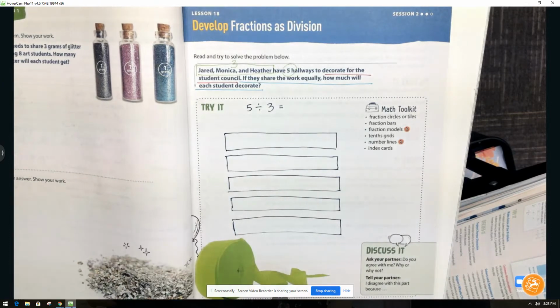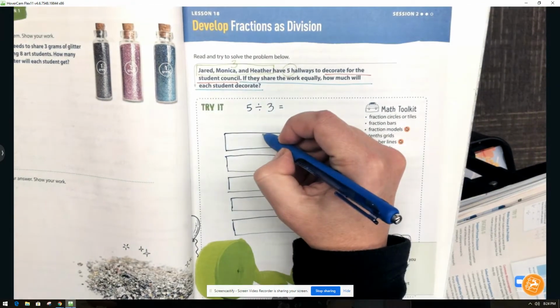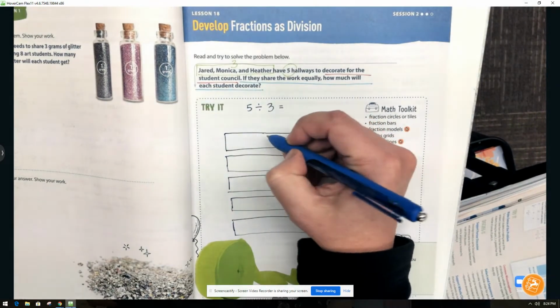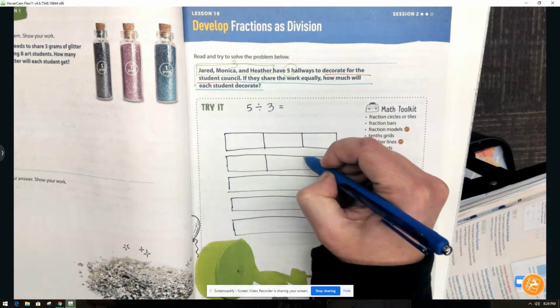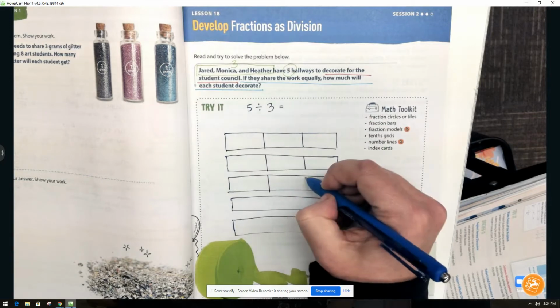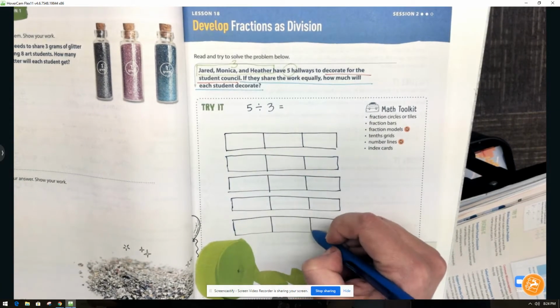Then I'm going to divide each hallway up into 3 parts because we have 3 people who are going to be decorating a part of each hall.